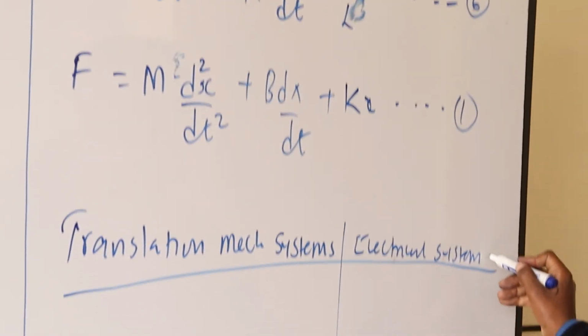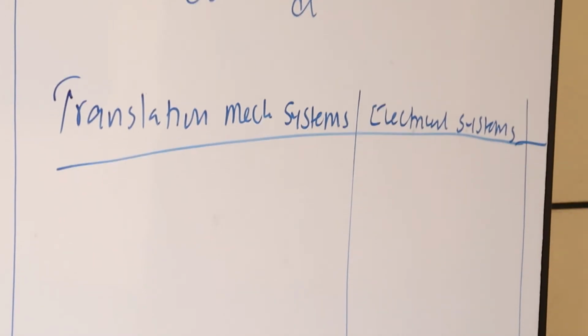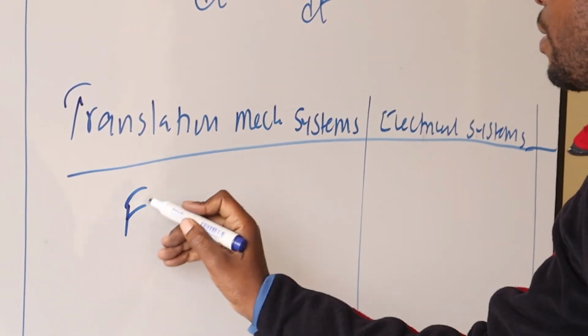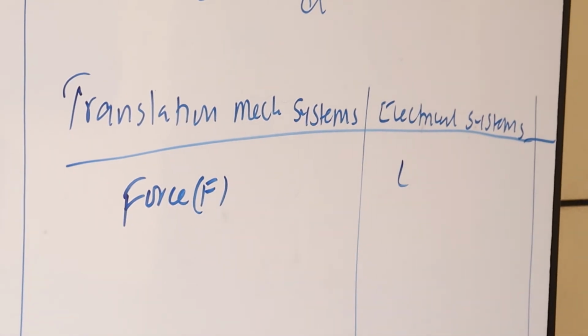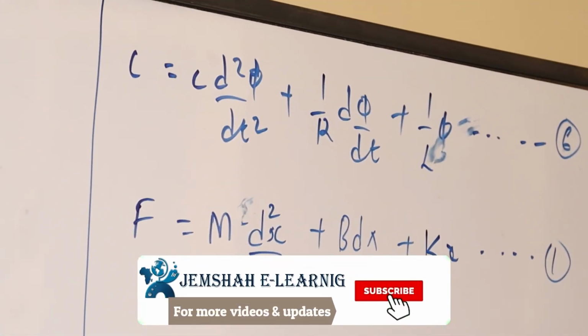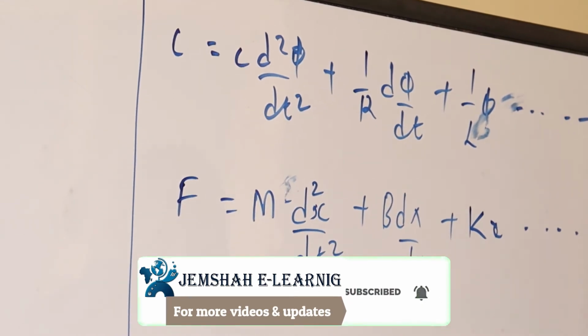The first thing that we can see is force F. Force F is equal to current I. You can write it in full: current I goes with force F.